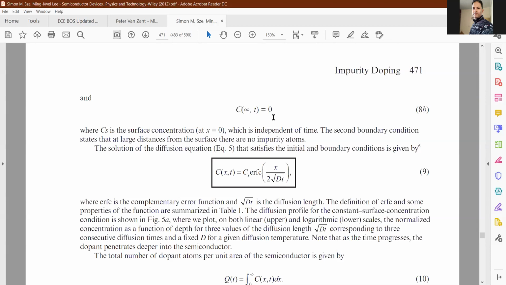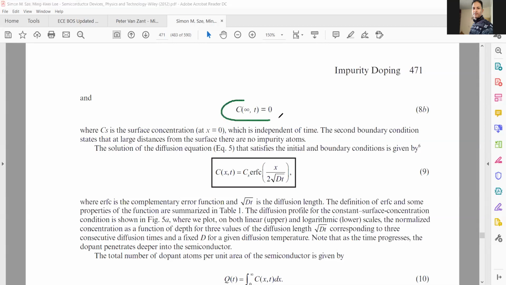Another boundary condition is that C at infinity, for all values of t, is zero, which is practically true.